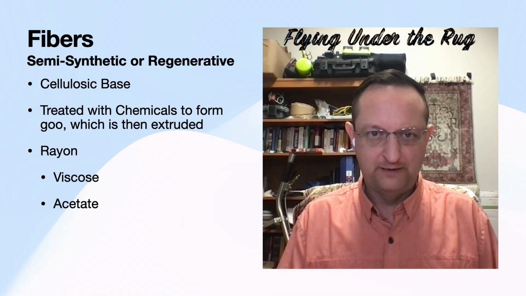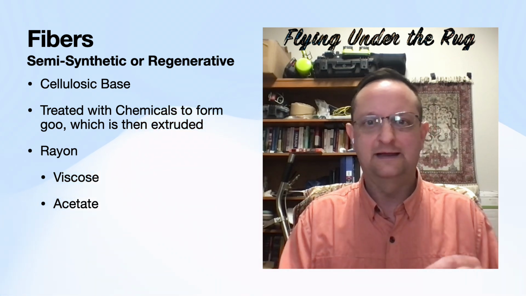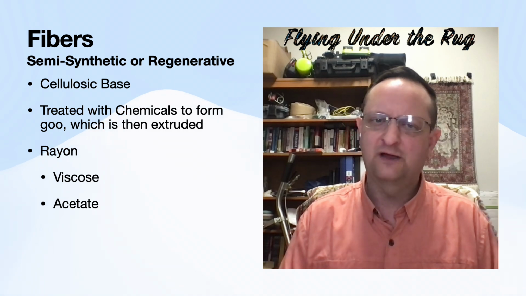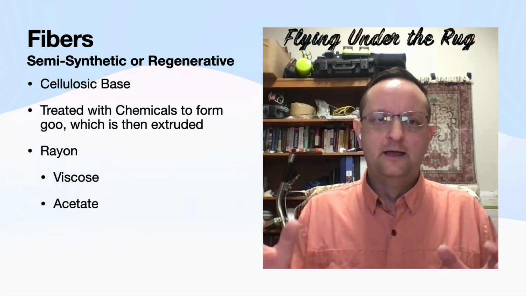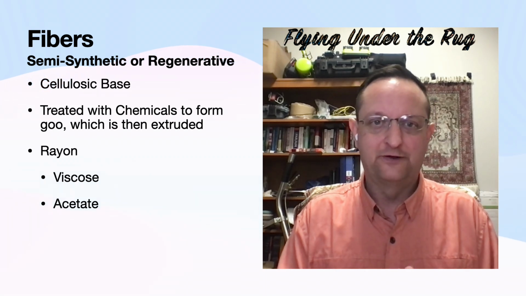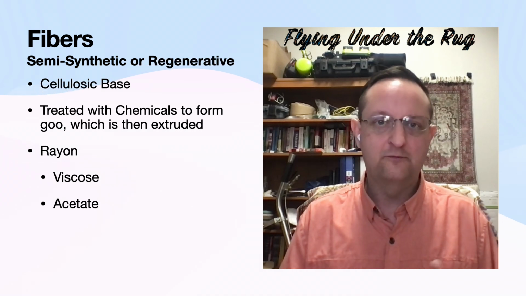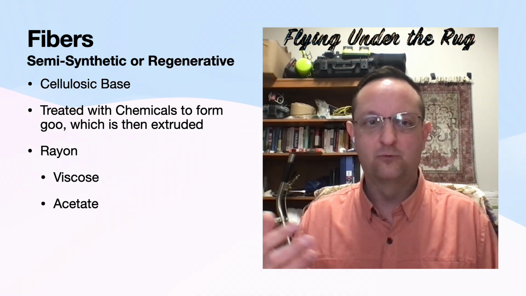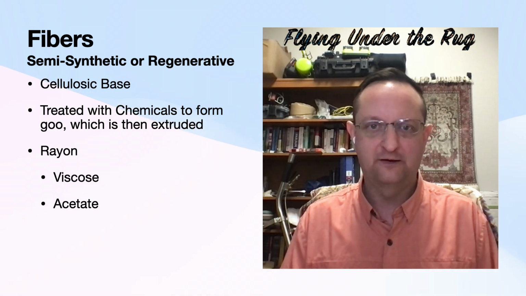It's got a natural base, that cellulosic base, but then they extrude it into an actual fiber. We call it the sausage of the fiber world. Rayon is the big name that is out there in terms of regenerative fibers. There are two different kinds of rayon. One is called viscose, another one is called acetate, and they've got all kinds of funny names that go along with this.